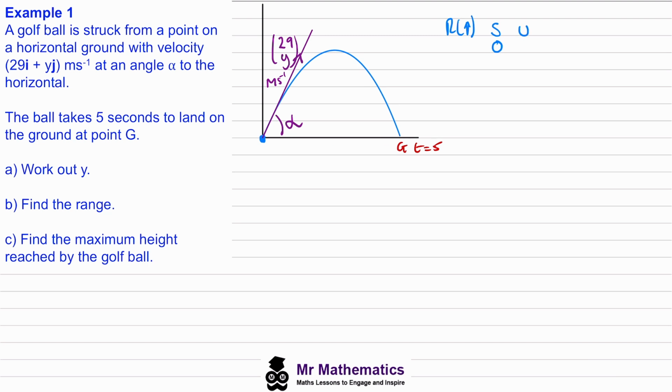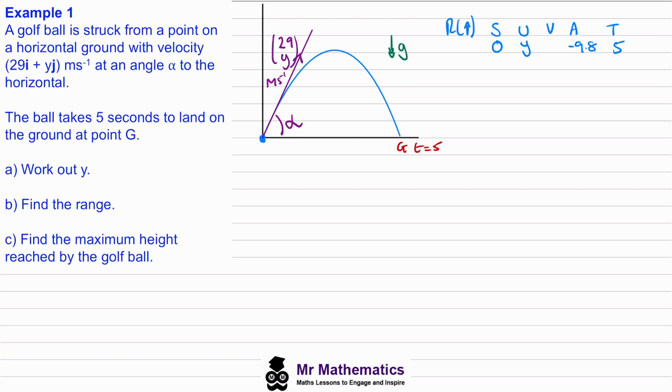The initial velocity we know is y. The final velocity isn't relevant, and we don't know it. The acceleration is going downwards on our diagram, so this is negative 9.8. And the time, we're told, is 5 seconds.